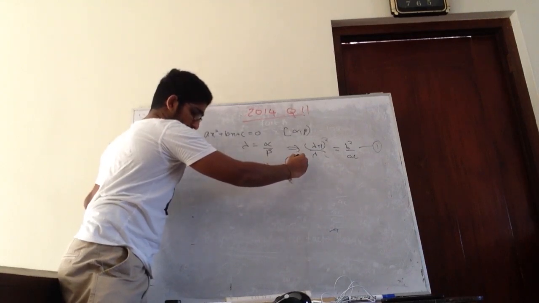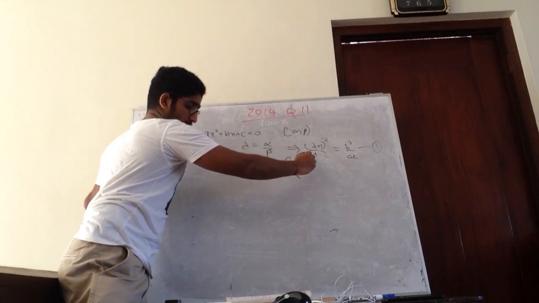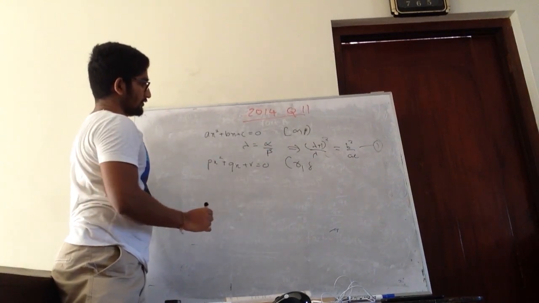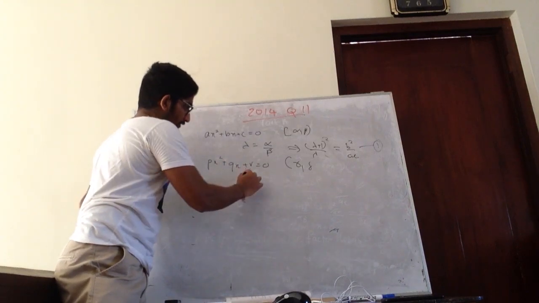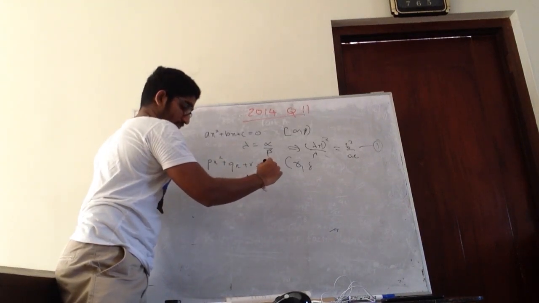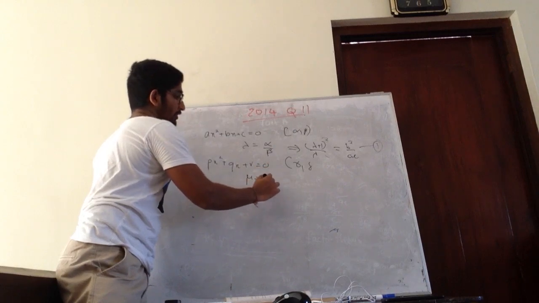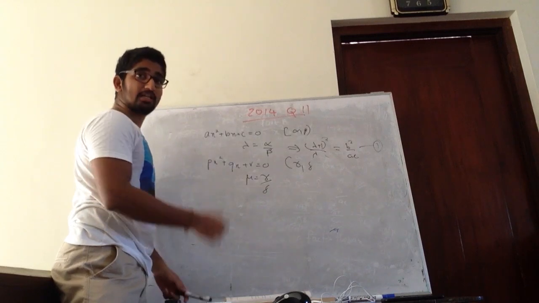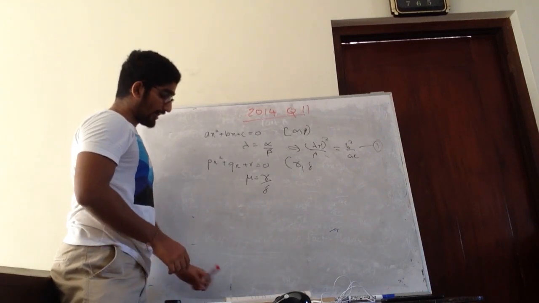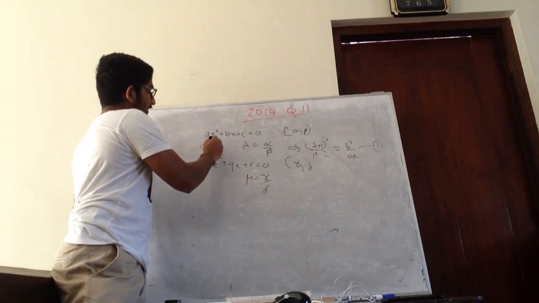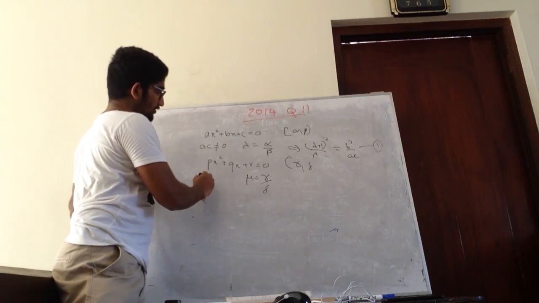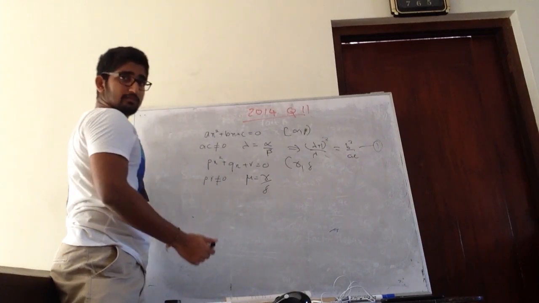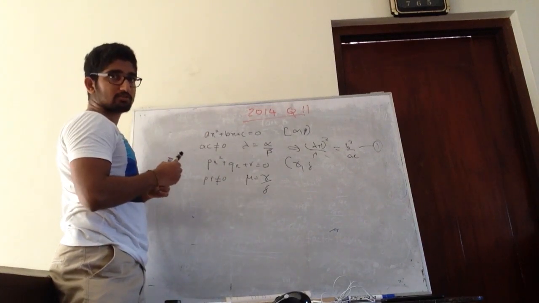The roots are gamma and delta, and again there is a mu, which is gamma over delta. Because these are similar, and this also says ac is not equal to 0, this also says pr is not equal to 0, these are basically similar ones.